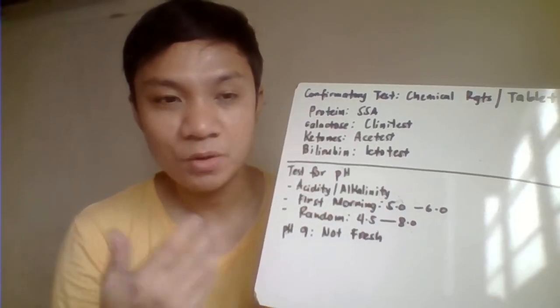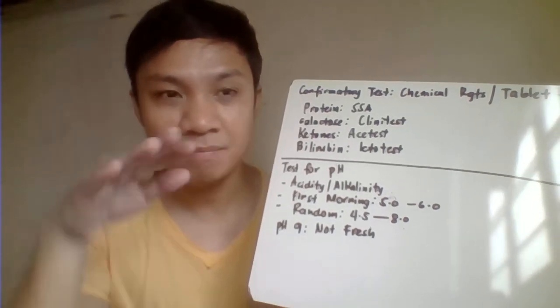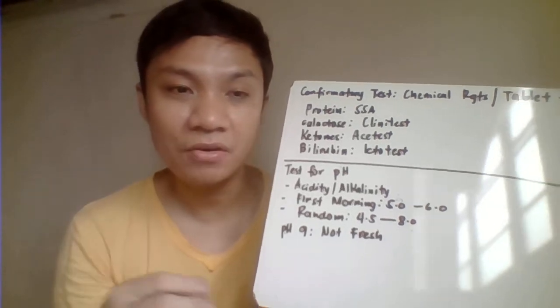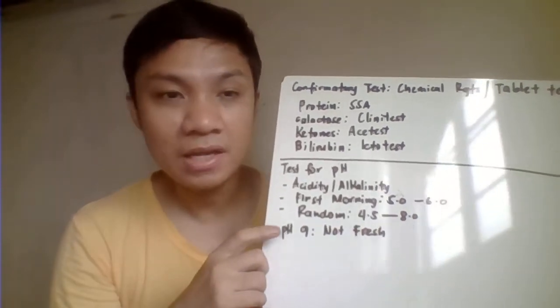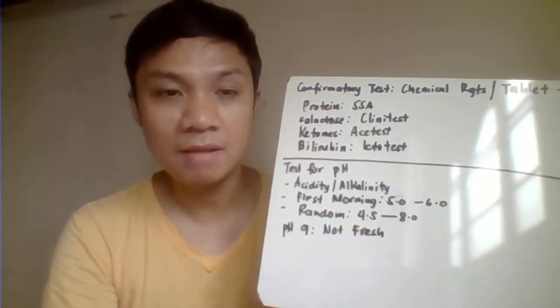Alkaline pH would most likely be during the alkaline tide, around 4 p.m. and after a meal. The random urine could have a 4.5 to 8 na pH.